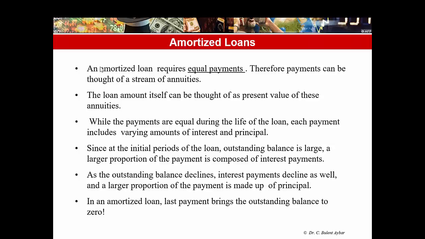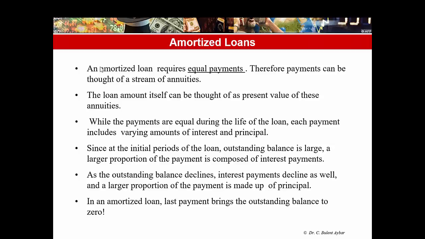While the payments are equal during the life of the loan, each payment includes varying amounts of interest and principal. Since in the initial periods of the loan the outstanding balance is large, a larger proportion of the payment is made up of interest payments.